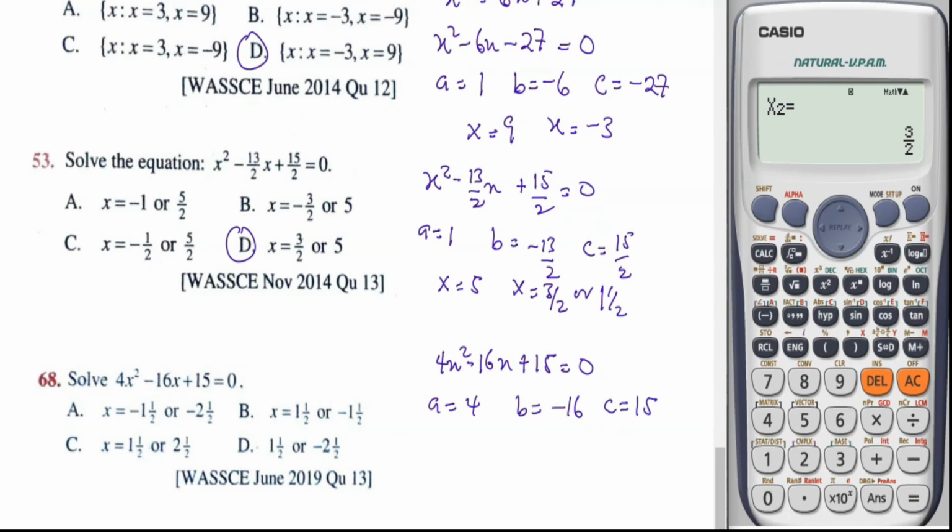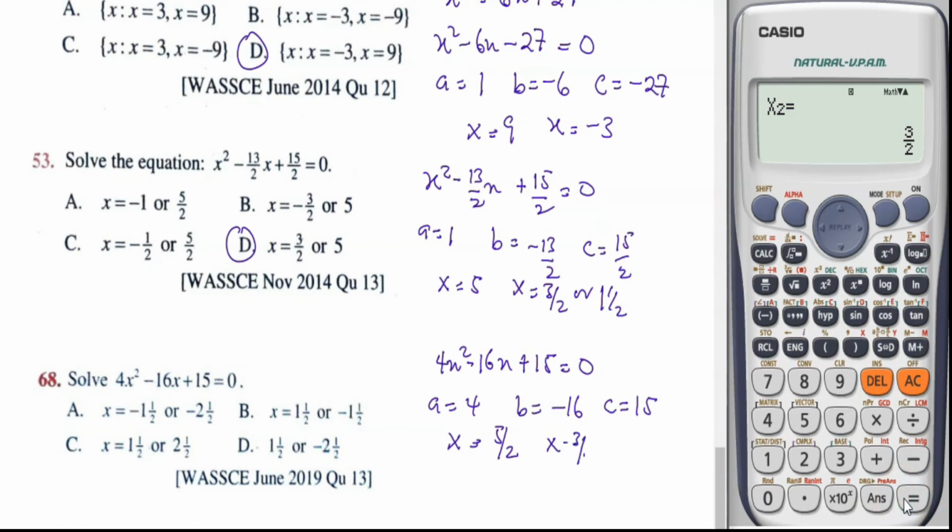So key in, we input A is 4, B is actually negative 16, and then our C is 15. So we have x1, or one solution, x is equal to 5 on 2, and the other solution, x is equal to 3 on 2.